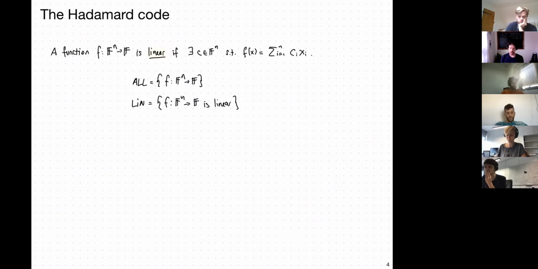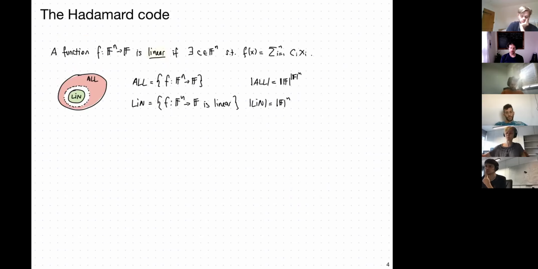And we've looked at the subset of linear functions with respect to the set of all possible functions. And we saw that the number of linear functions is logarithmic in the size of all possible functions. It's a highly structured subset.